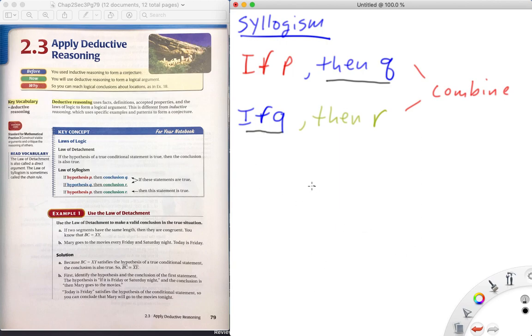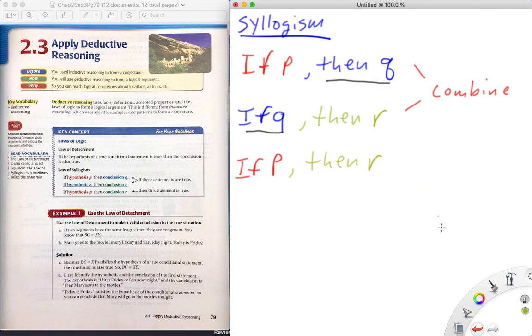I repeat, this only works when the conclusion of one conditional is the same as the hypothesis of the other. So what can we conclude? We can conclude, this is our third conditional, that if hypothesis P, the hypothesis of the first conditional, then conclusion R of the second conditional.